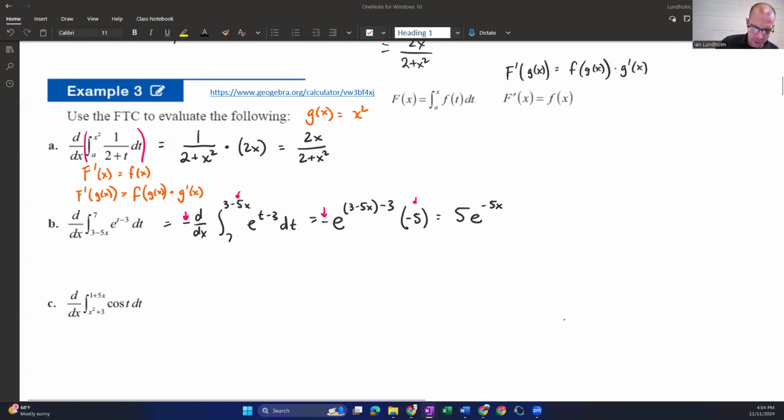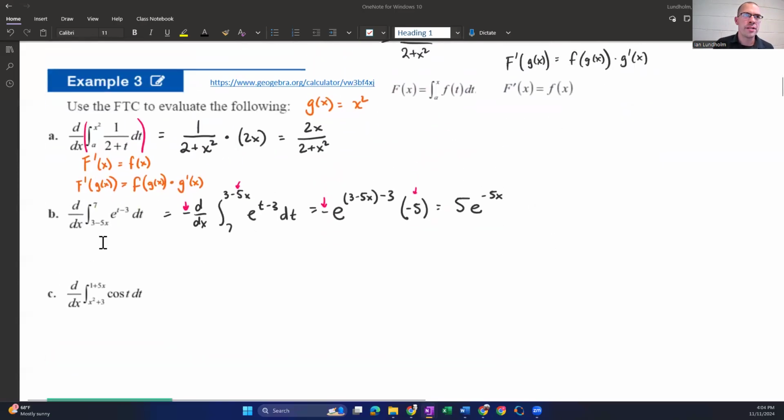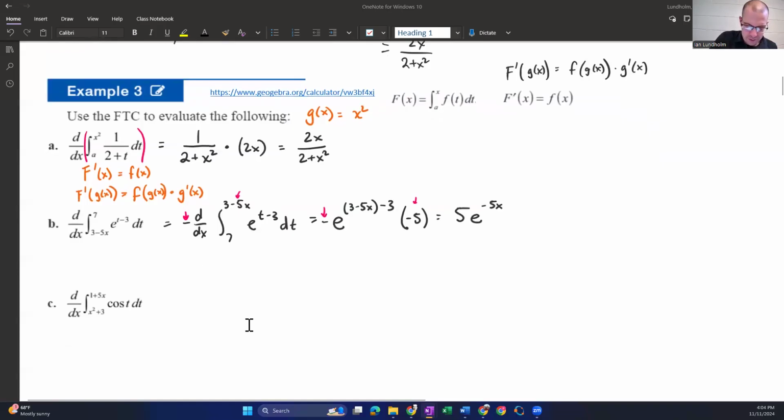In this last one, we've got variables in both boundaries. This is chaos. What we can do is split this up into two integrals.